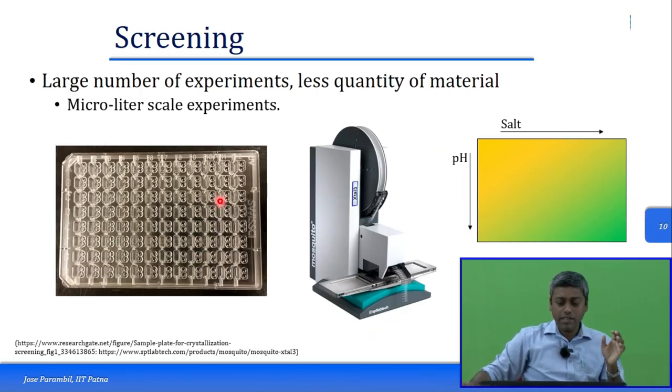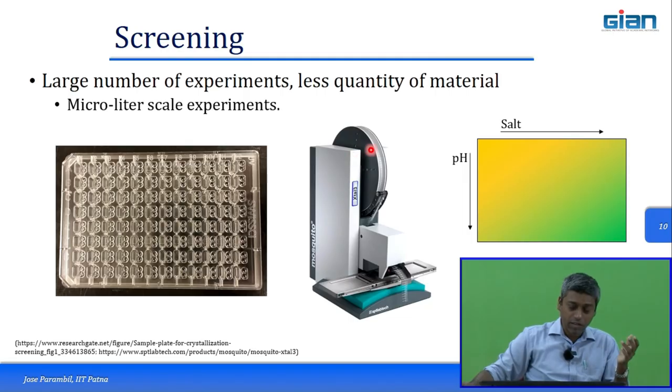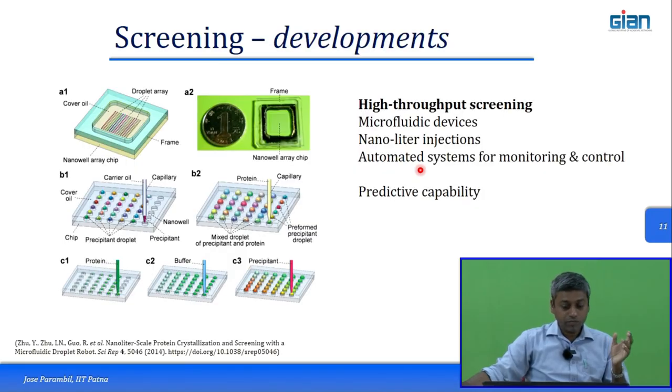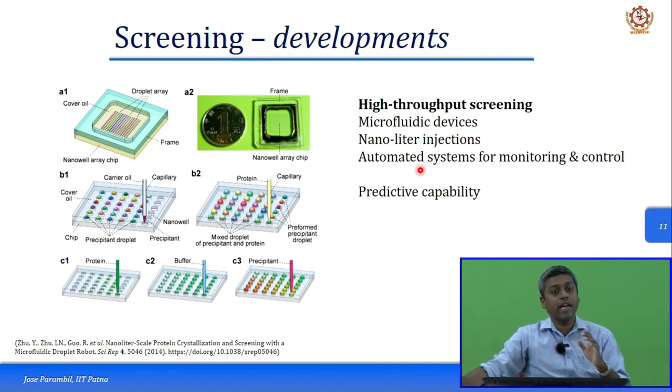And these are all automated systems to make sure you are able to screen as many protocols as possible within a given period of time. There have been so many developments in screening, in the sense that we have been able to go into nanoscale as well.